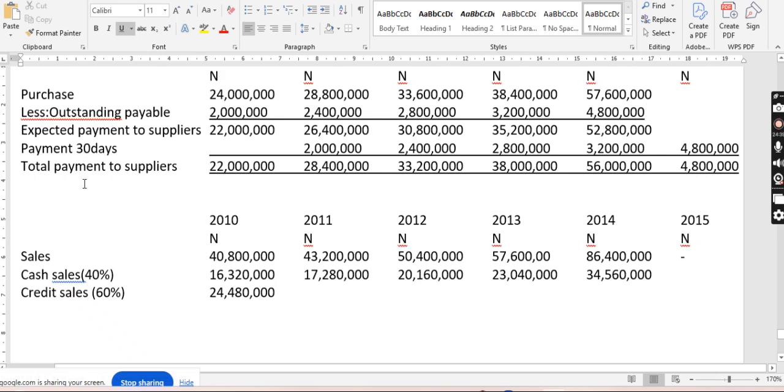Then we will still charge, just like the way we did this. It will be in the following month, right? So just give me the figure. What is 60% of 43,200? 25,920. Okay.